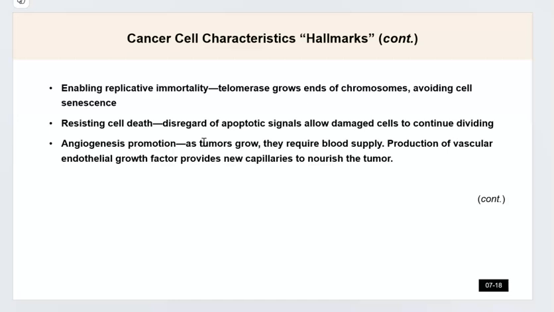Some of the cancer cells have the ability to resist cell death, meaning they just disregard apoptosis. So remember, our cells can be very much like an Apple iPhone. It's only going to work for so long before it glitches and dies. Cancer cells can resist this pre-programmed death. So they're allowing these damaged cells to continue to divide and divide and divide. So they can bypass that.